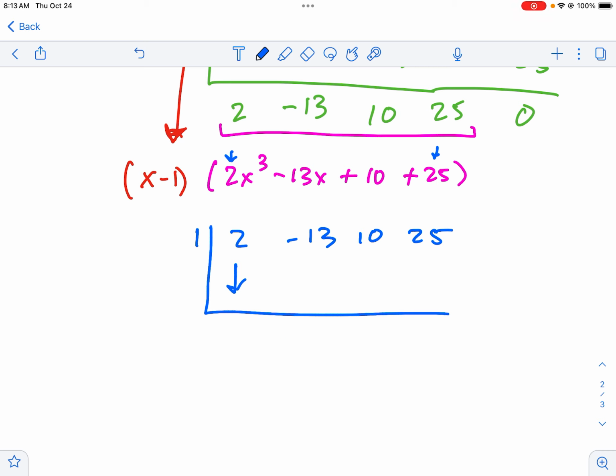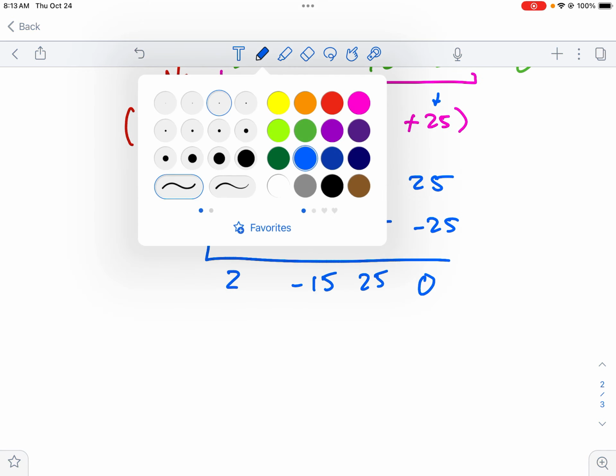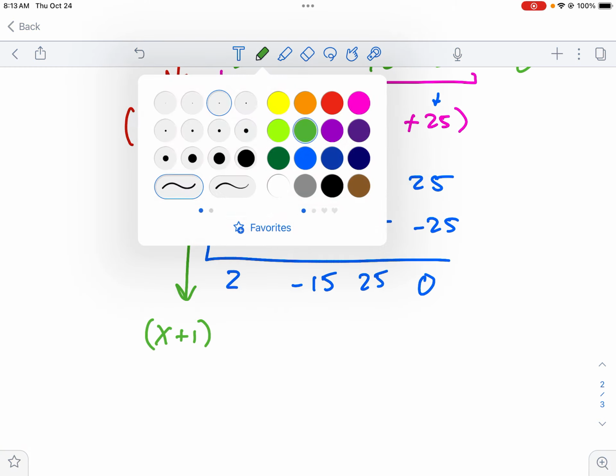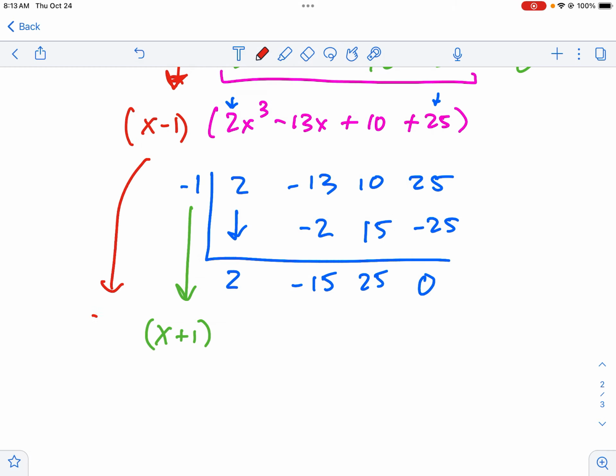Let me try negative 1. So this is negative 2, negative 15, positive 15, 25, negative 25, 0. That tells me that this is a root. So this is x plus 1, and then I still have my x minus 1.